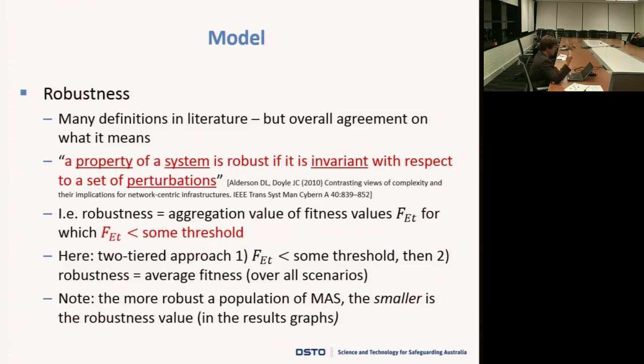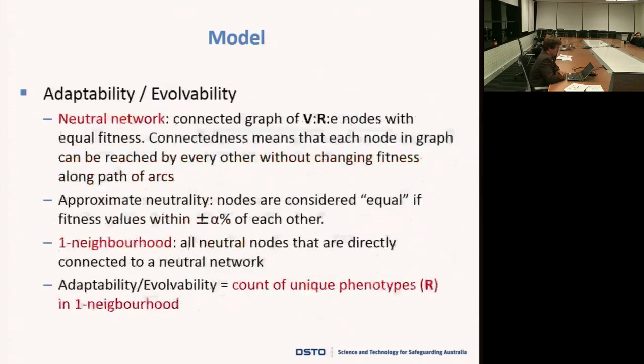Then we give you the average fitness as a measure of discrimination. Again, because of my odd definition of fitness, in the graph that you see, the smaller the robustness value, the more robust. So it's the opposite of robustness. What's that? Fragility.